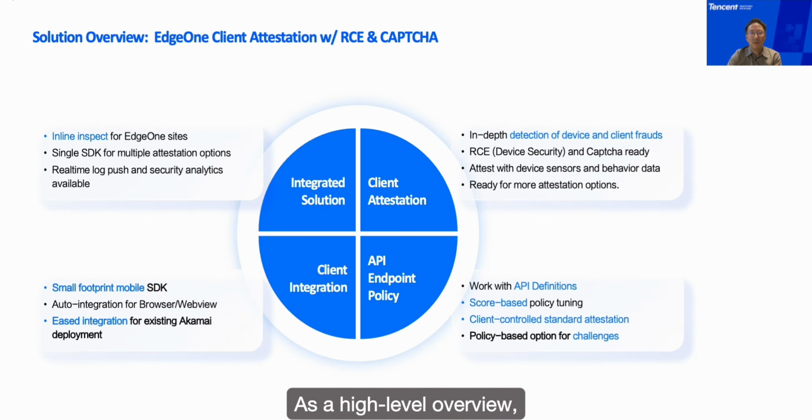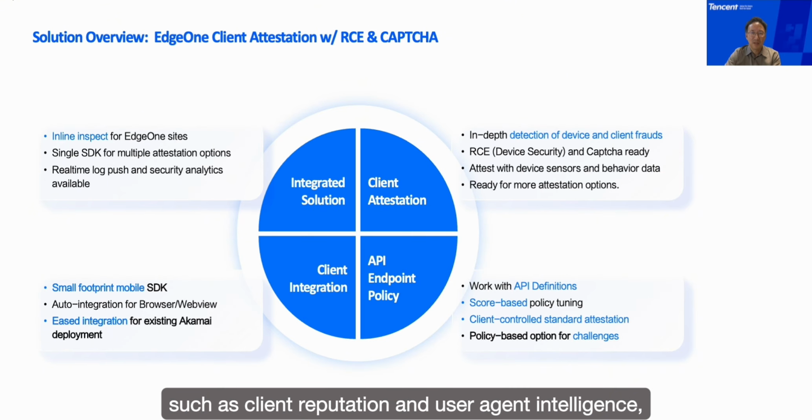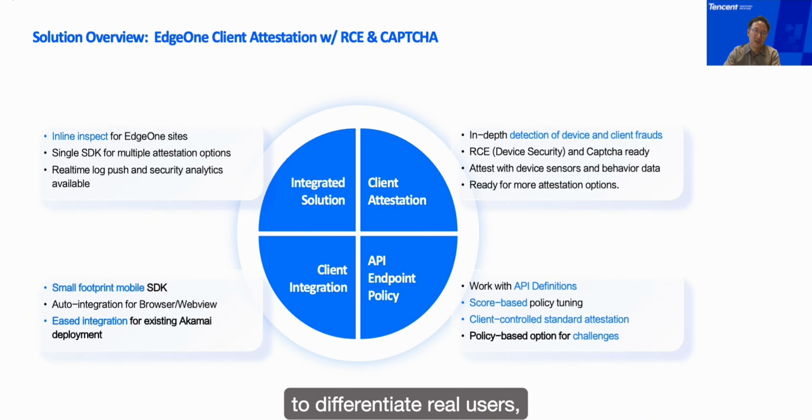As a high-level overview, Tencent EdgeOne now includes a new framework that unifies multiple risk control components, seamlessly integrated with EdgeOne's native security engine, such as client reputation and user agent intelligence, to differentiate real users, good bots, and malicious ones.